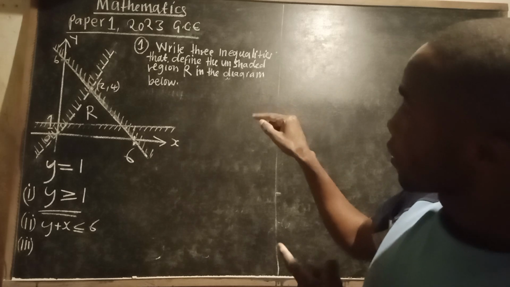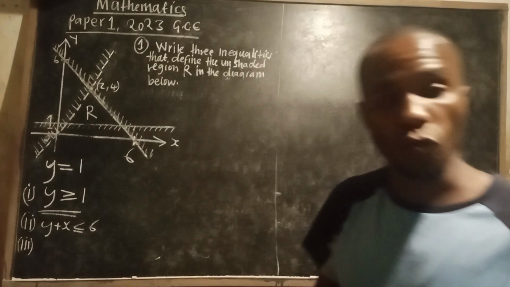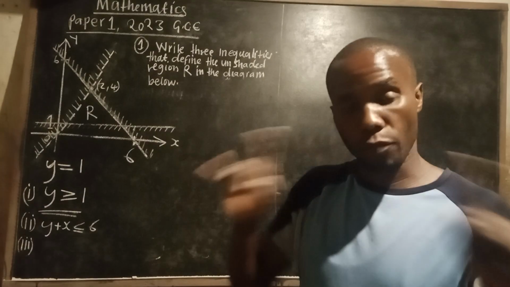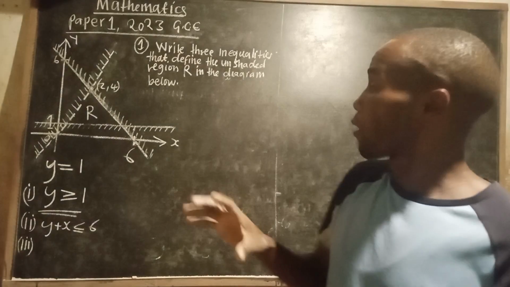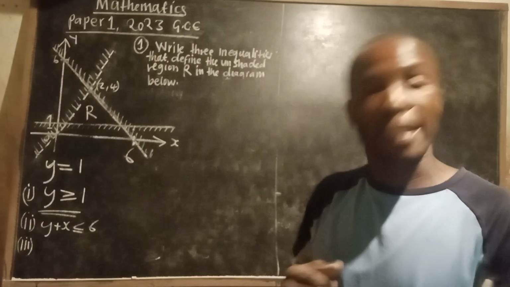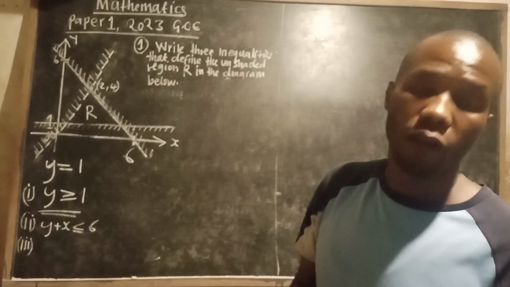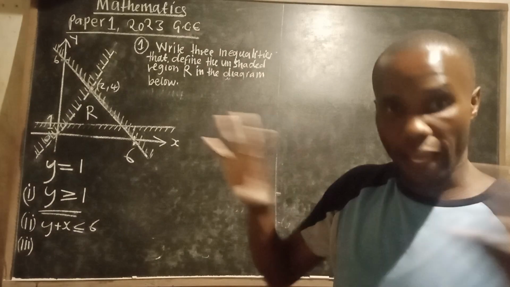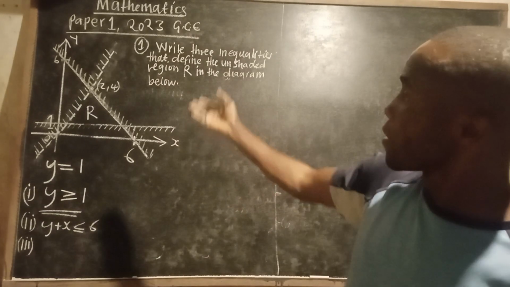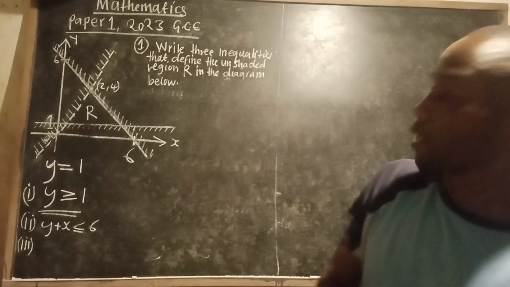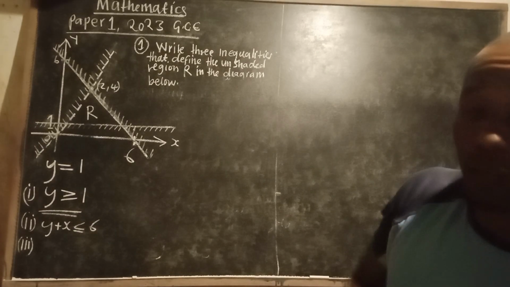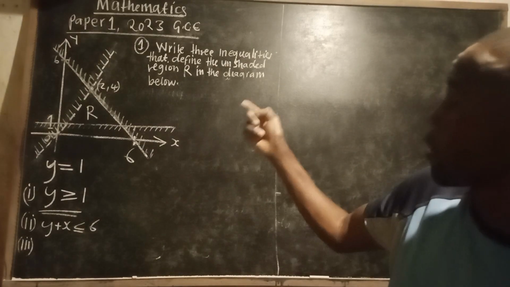So the answer that you are going to have when the line is broken, the inequality that we are going to have is either greater than or less than. There's nothing like equal to. Okay, why? The line is broken or dotted. Okay, so that should be in your mind as you are solving this one.